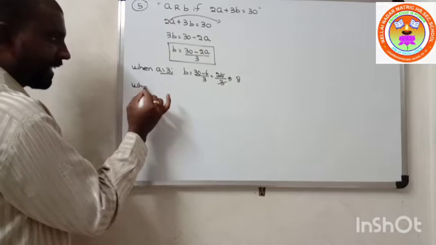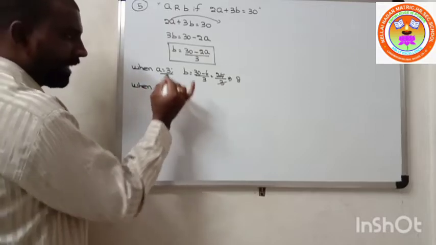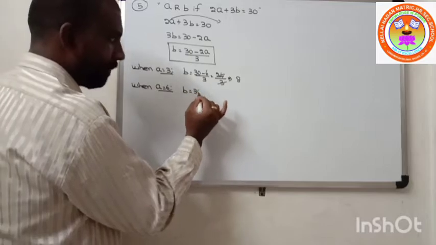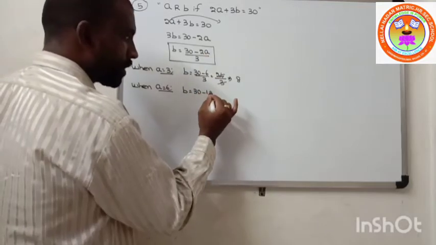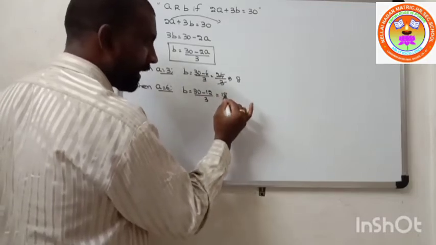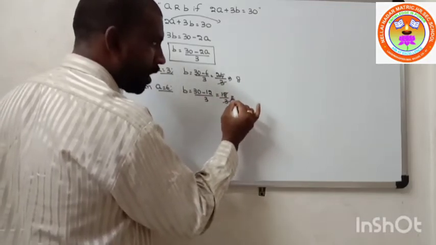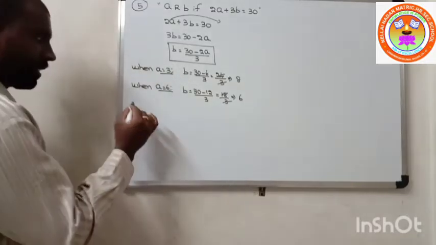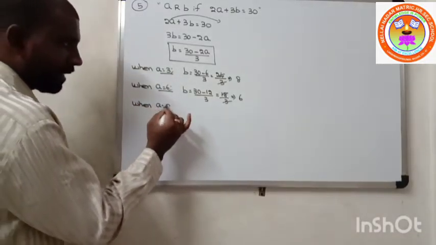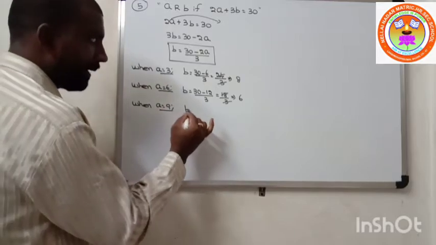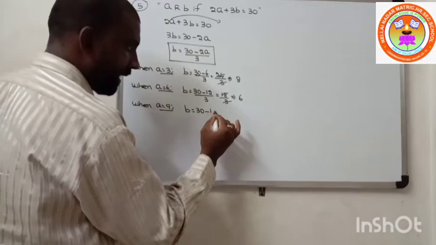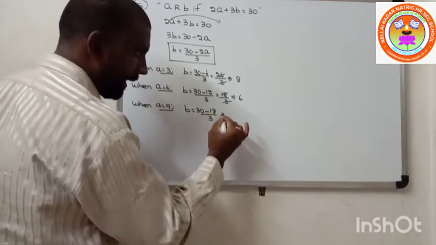Next, when A equal to multiples of 3, 6. B equal to 30 minus 2 into 6, 12 by 3. So 18 by 3, that is 6. Then, when A equal to 9, B equal to 30 minus 2 9s are 18 by 3.